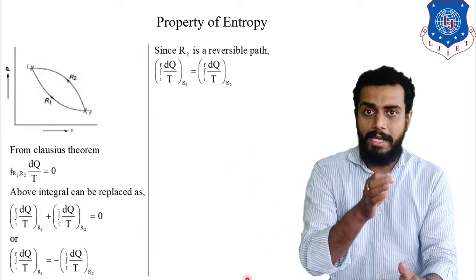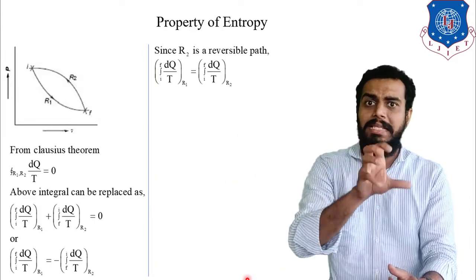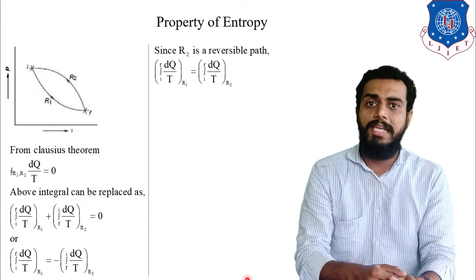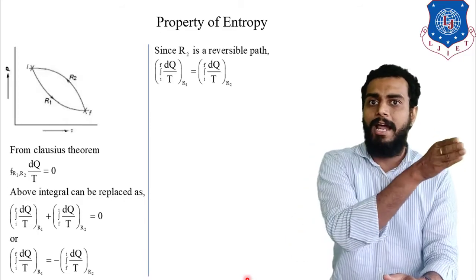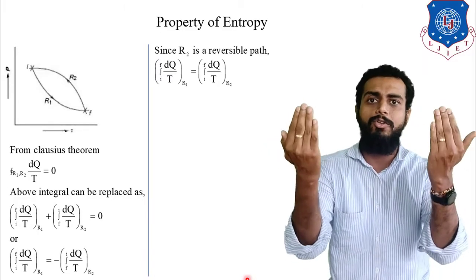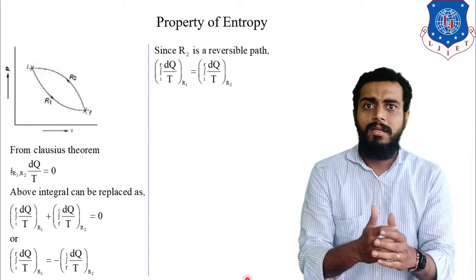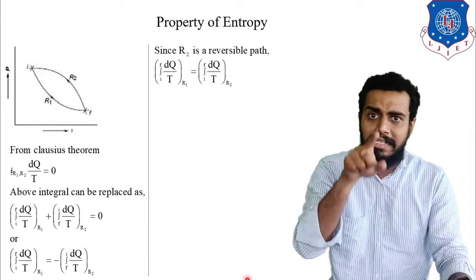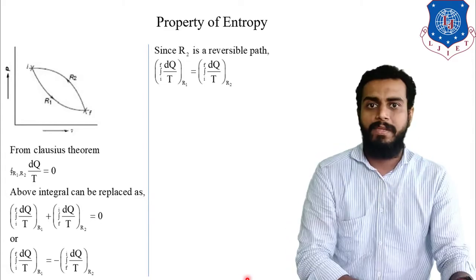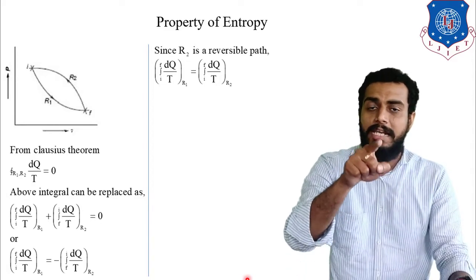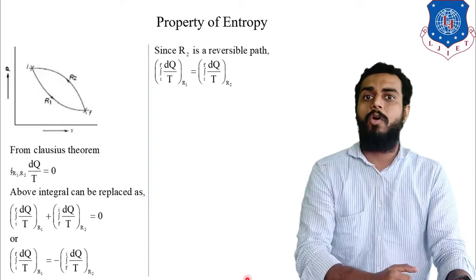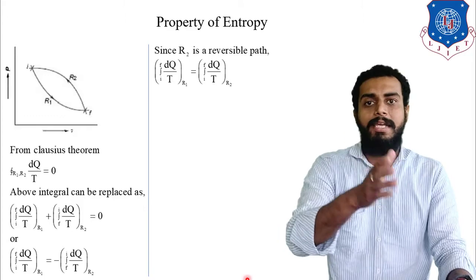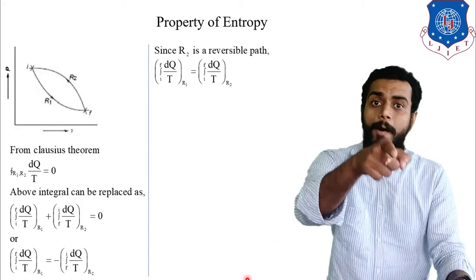Students, I am repeating again, we have something that is not dependent on the path followed, because you can easily see that for both the R1 path and the R2 path, the values are the same. That means the integration of dq by T is independent of the path. And you know that if it is independent of the path, then it is called a point function. And if it is a point function, then you can call it a property.